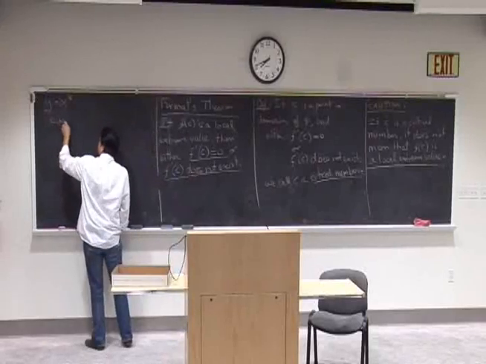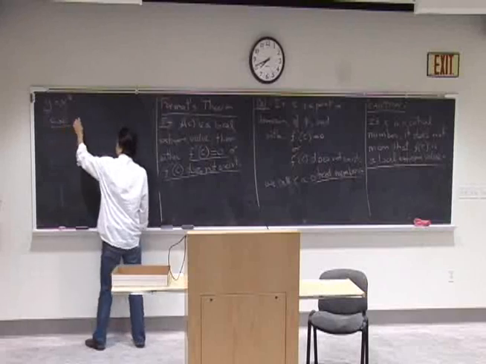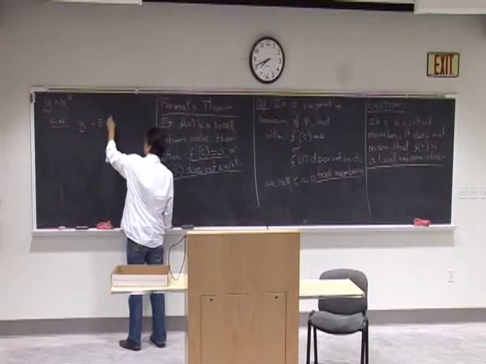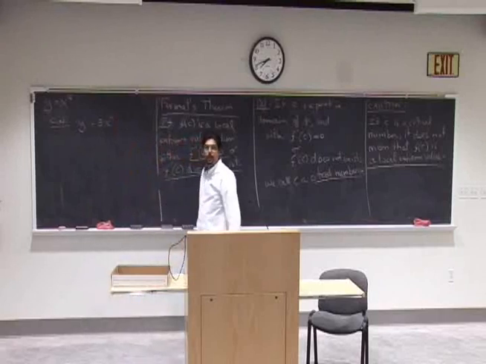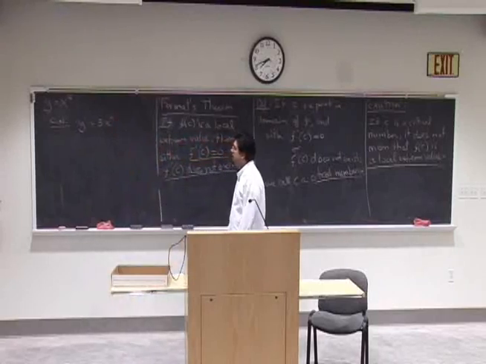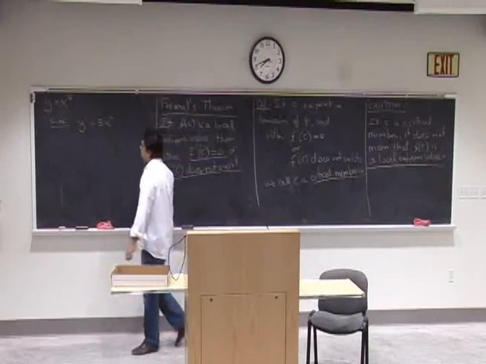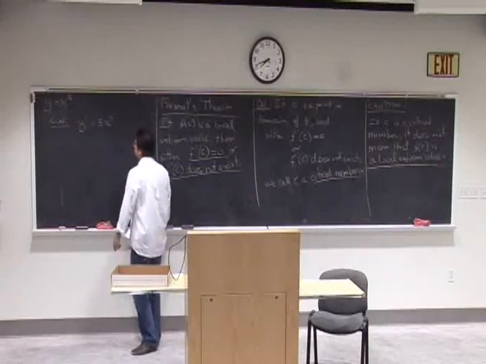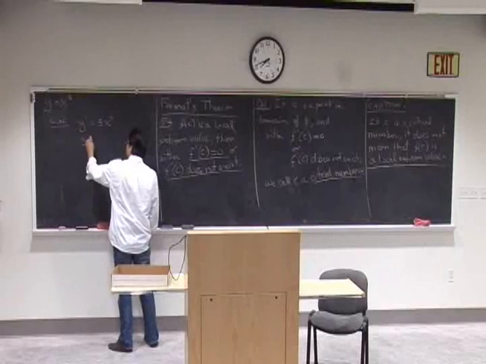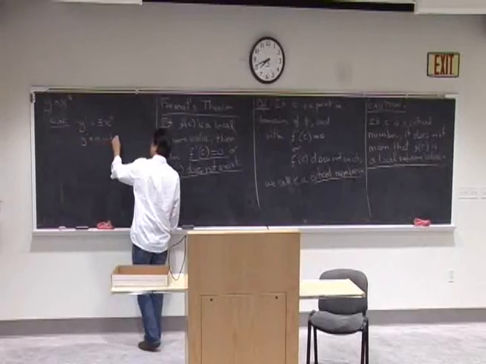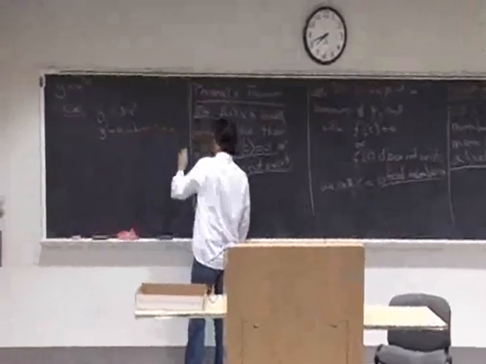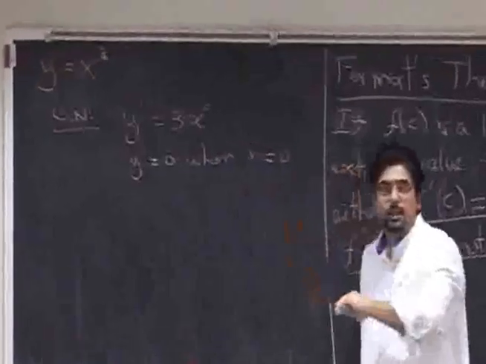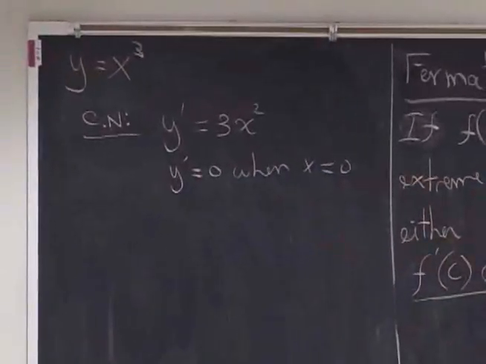To find the critical numbers, we need to find y prime. Y prime is 3x squared. One thing we need to do is find the values of x at which y prime is 0. And y prime is 0 when x is 0. So, that's a critical number. X equals 0 is a critical number.